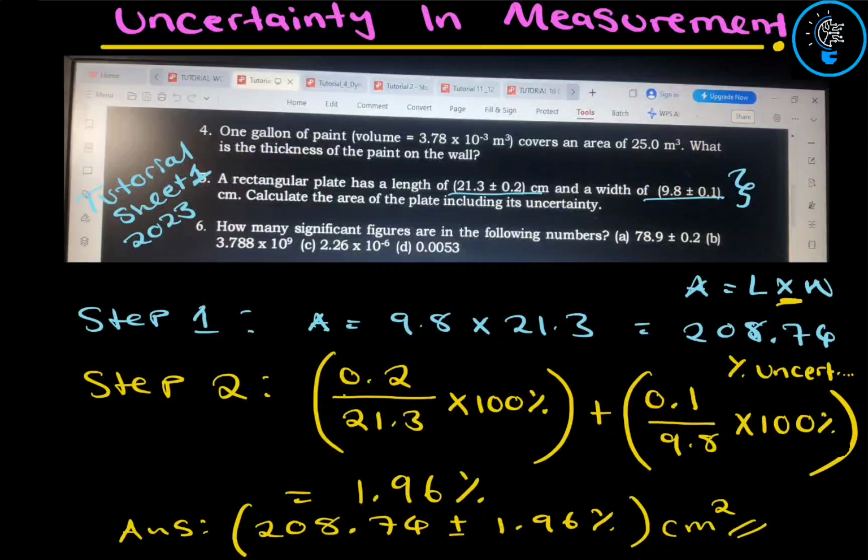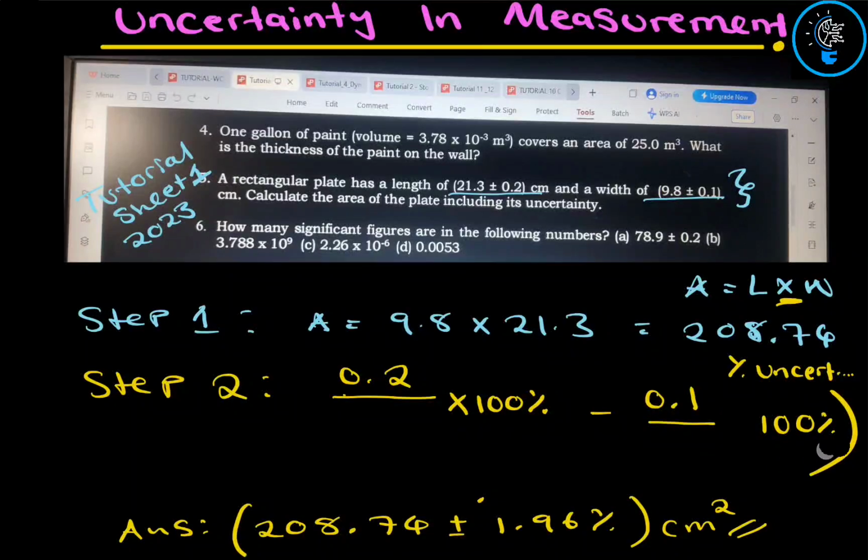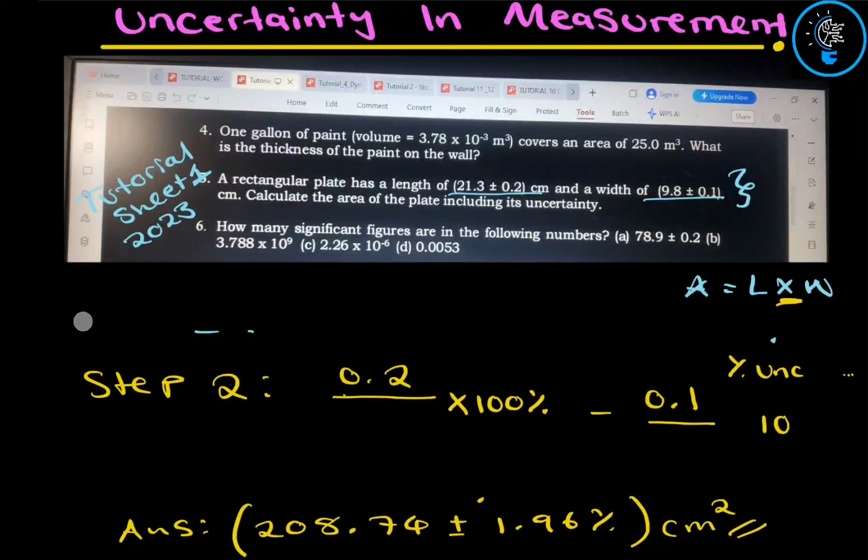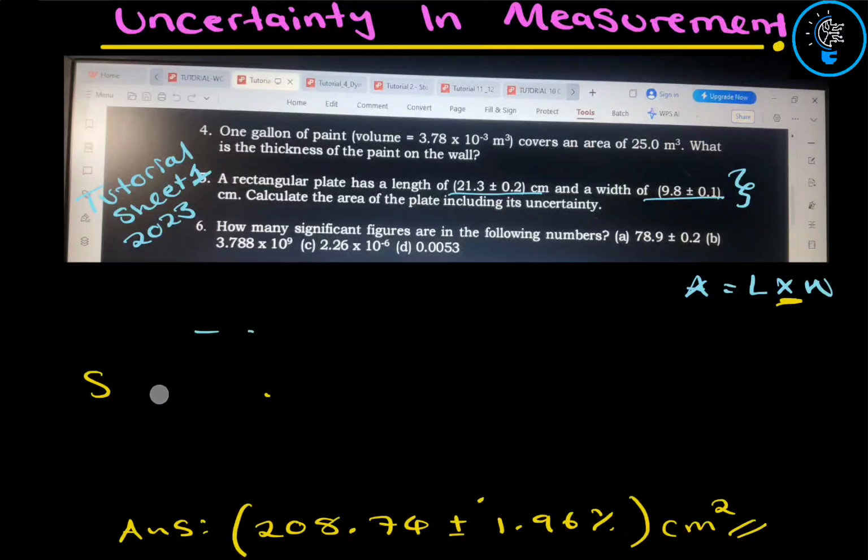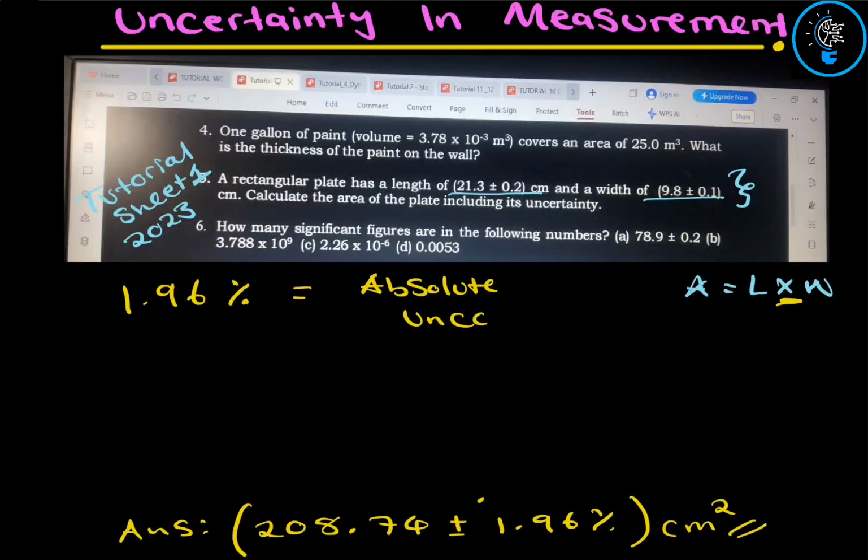So you can write your answer this way, or we can write it with absolute uncertainty. Let's do so. Let's get rid of everything and let's convert 1.96% into absolute uncertainty.